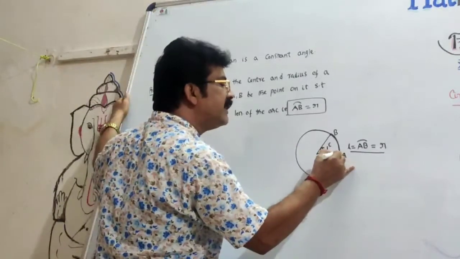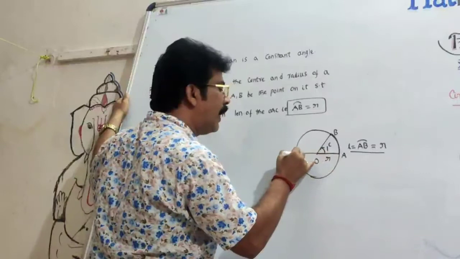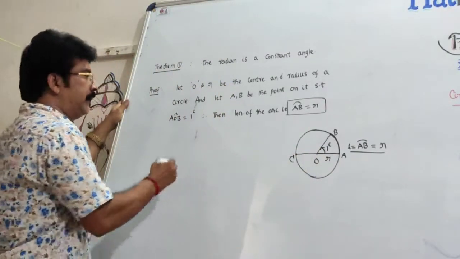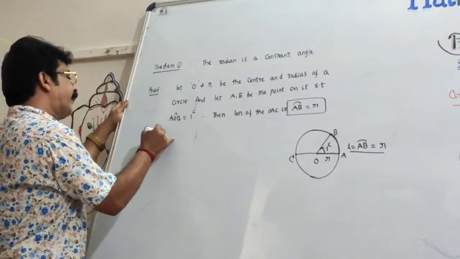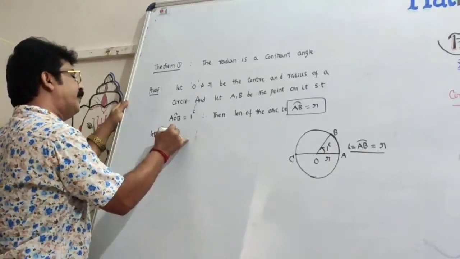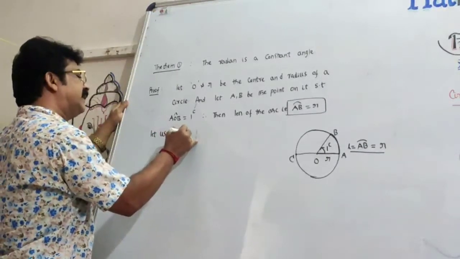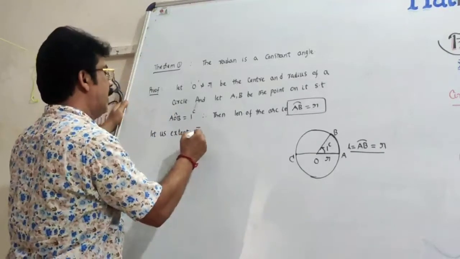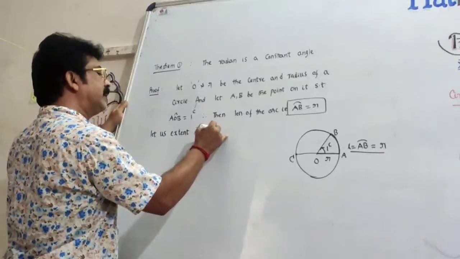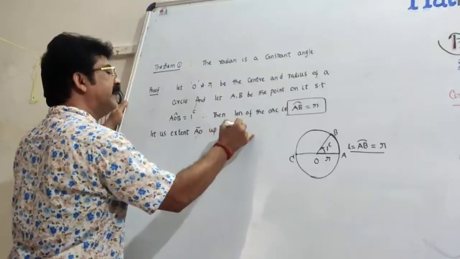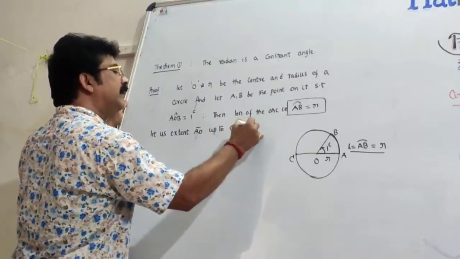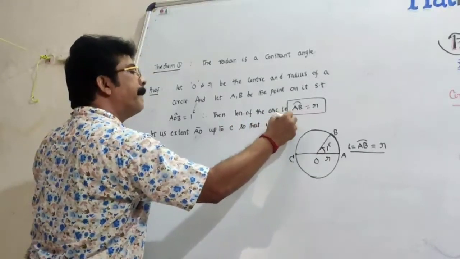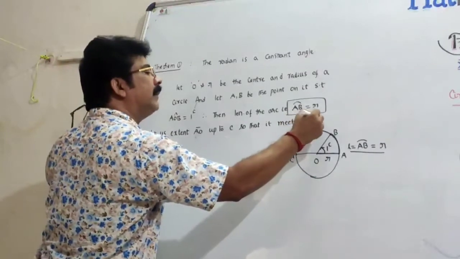Next, you come here. Let us extend this AO up to C so that it meets the circle. Let us extend segment AO up to capital C, so that it meets the circle.